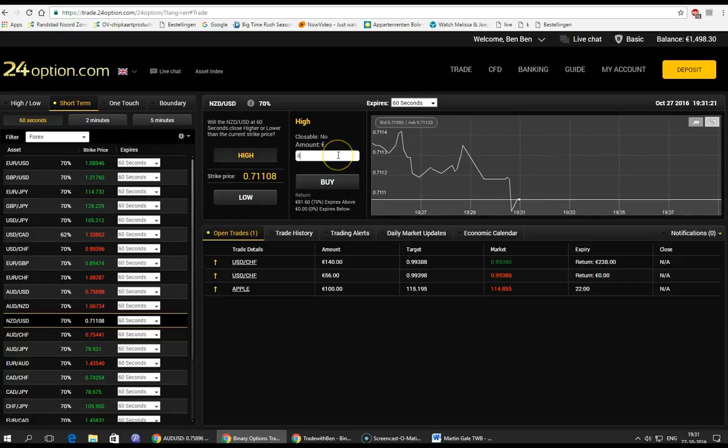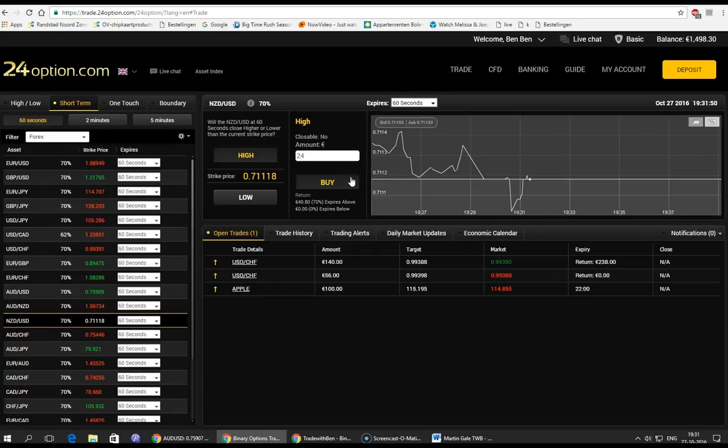So I'm gonna put a €24 trade. Why do I have to play? I'm already where I want to be, and almost then. Oh, it's already recovering. That's bad. Let's see what's going to happen.